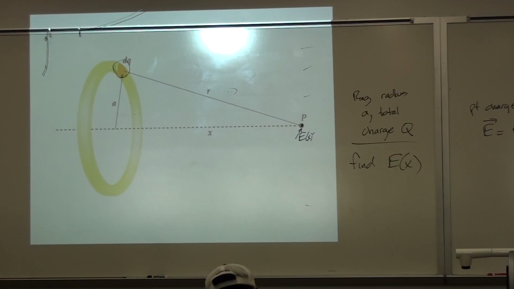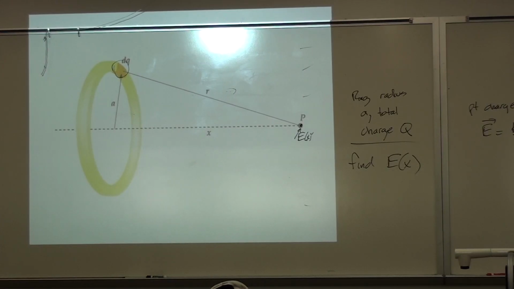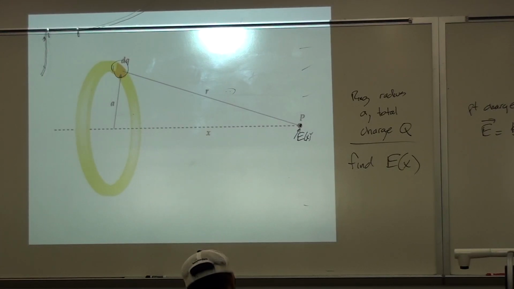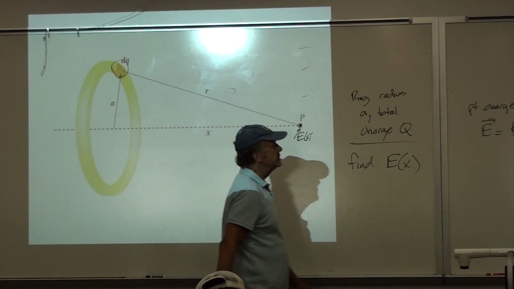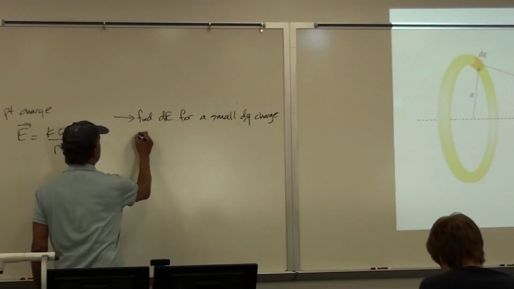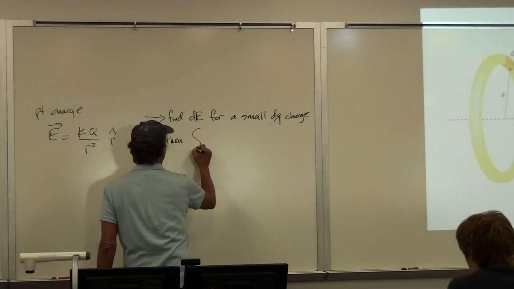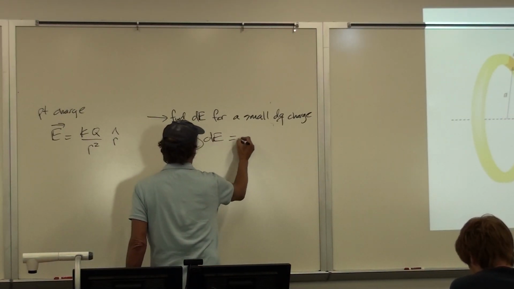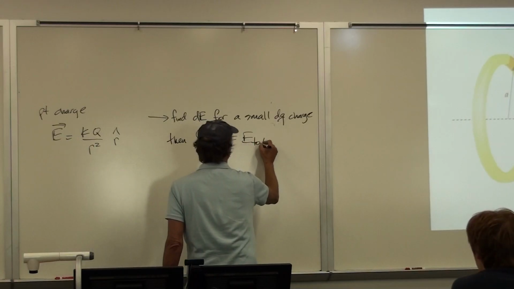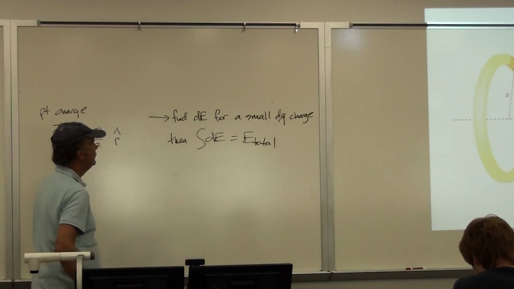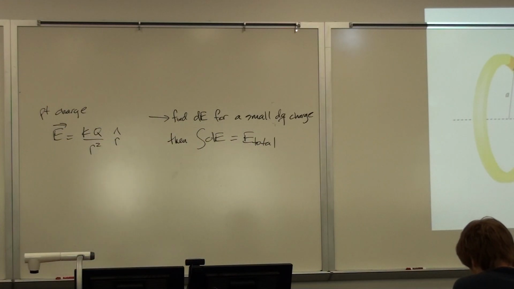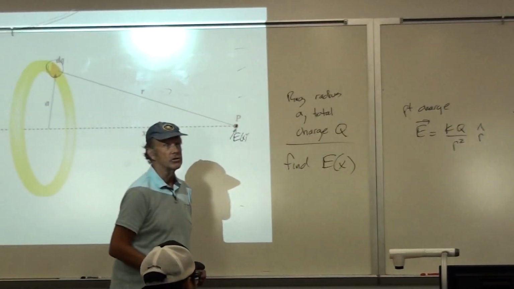I'm going to say, okay, I want to know what the little bit of electric field is due to that little bit of charge at my point P. Why? Because then I can integrate this to get the total electric field by adding up the effects of all of the little dQ charge elements.